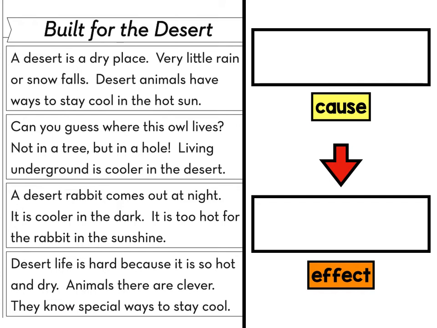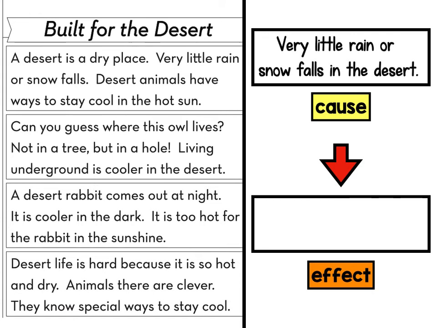So, let's see. A desert is a dry place. But why? Okay, I see. Because very little rain or snow falls in the desert, it means that the desert is a dry place.